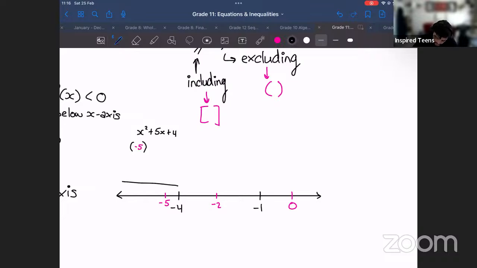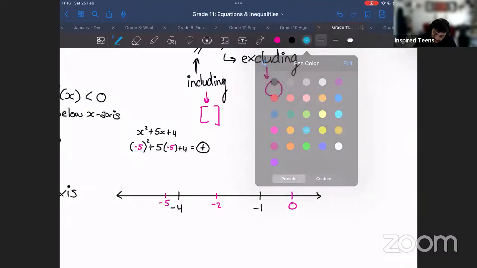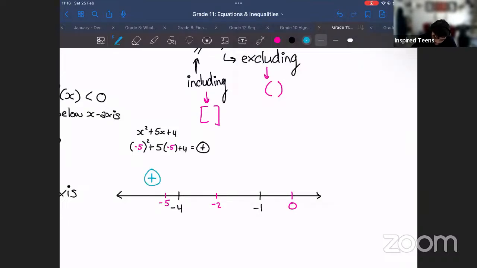So it's going to tell me that everything before -4, is it going to be positive or is it going to be negative? I'm going to substitute -5. Let me just double check it. -5, sorry, this is squared. -5 into -5, plus 5 into -5, plus 4. I get a positive answer. It doesn't matter what the answer is. So since I know that's positive, that tells me that this part of the segment is positive. Now, generally it alternates.